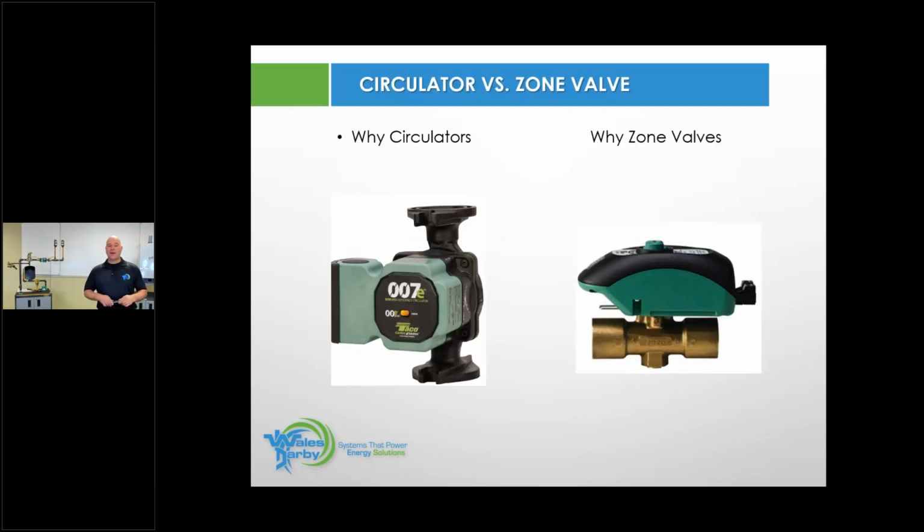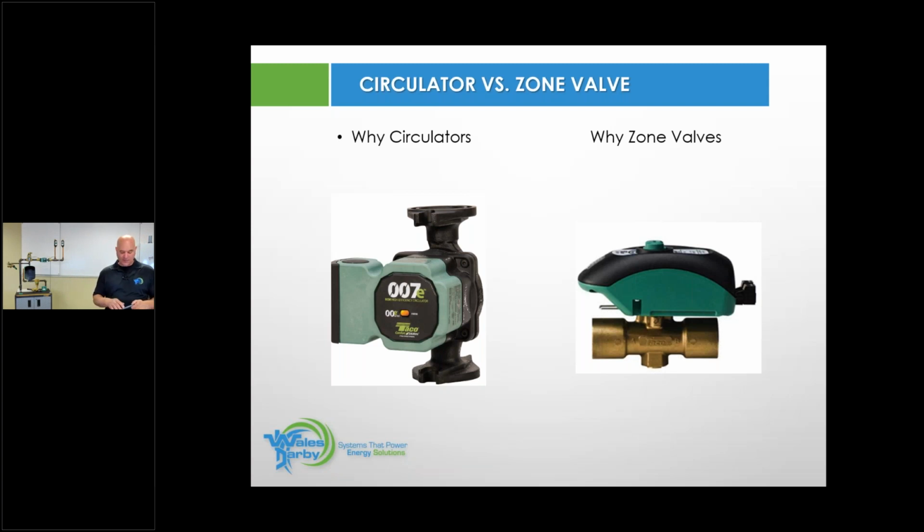Here we go. Circulators versus zone valves, right? This is an age-old discussion. You can go on to any different webinar you want, and they'll give you all different reasons and types. Again, there's no really right or wrong answer here. We have both. We have multiple models of both.